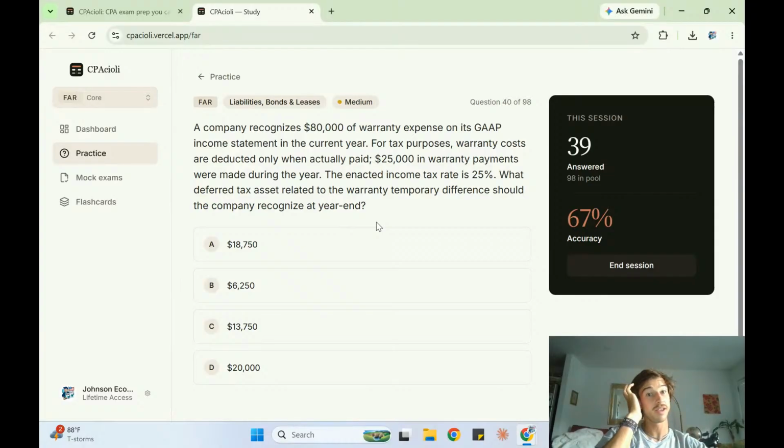Goodness. $200,000 in warranty payments were made during the year. Divided by 4.